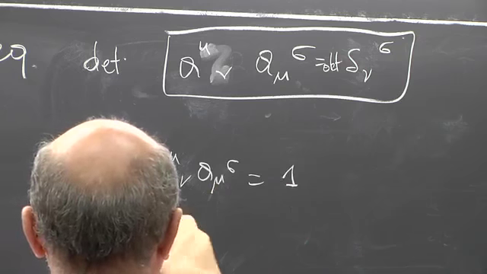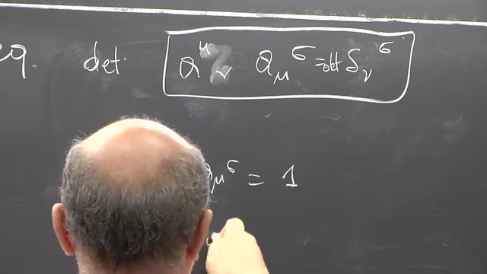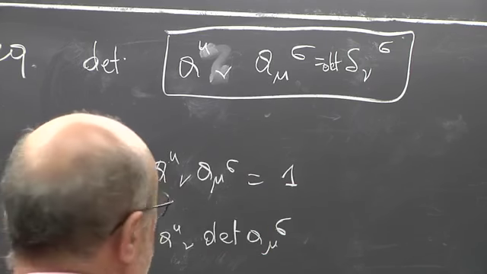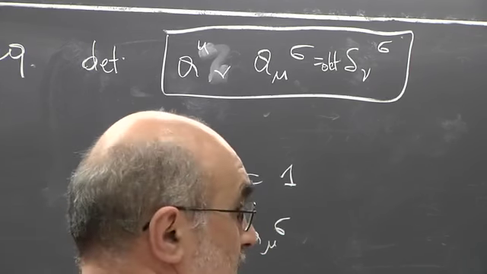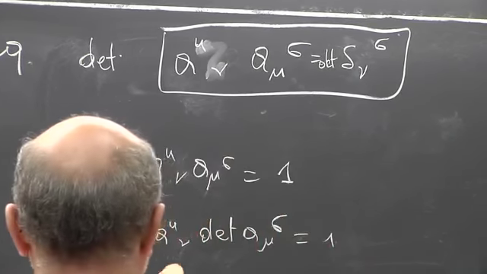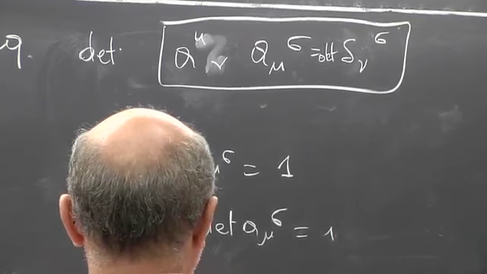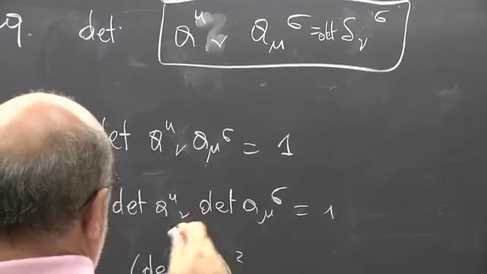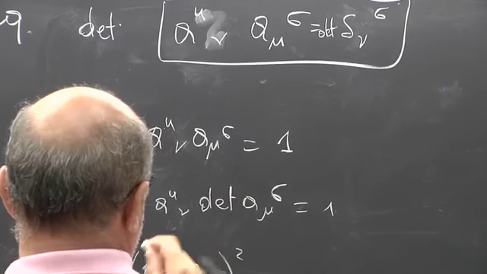Then we get determinant A mu nu times determinant A mu sigma, because the determinant of a product of two matrices is the product of the two determinants, is equal to 1. But this means the determinant of A mu nu squared, it doesn't matter, here I put the element, but you know, there should not be the element.